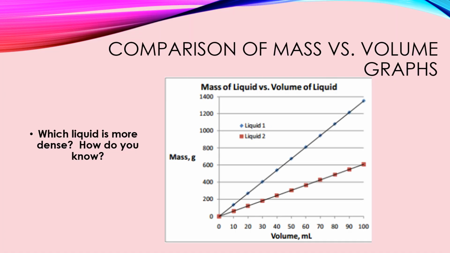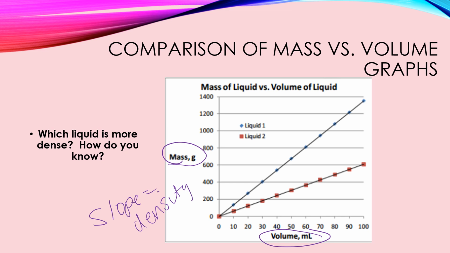All right, so comparison, what you can tell is I could calculate the slope of my mass versus volume graph, and the slope would be equal to my density. But in this case, the question is not asking that. It is just asking which liquid is more dense and how do you know? So I just look at my two lines. I've got a line with a steeper slope and one with a shallower slope.